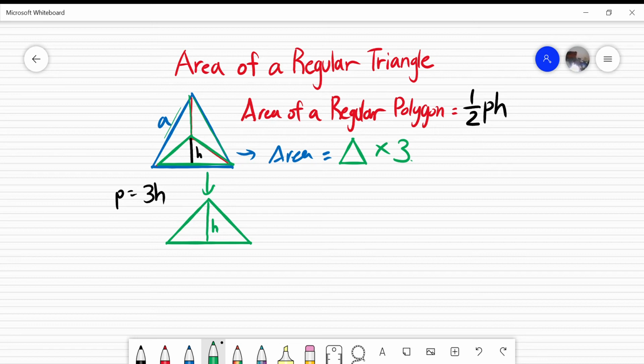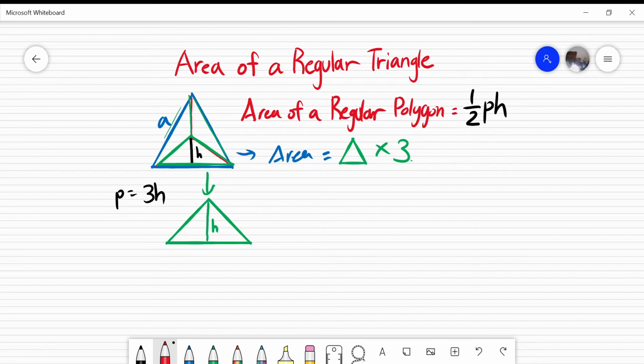Now, we don't know what kind of triangle it is, so let's go ahead and label some angles. We know that in an equilateral triangle, all the sides and angles are the same.